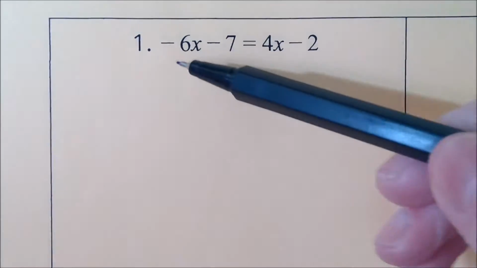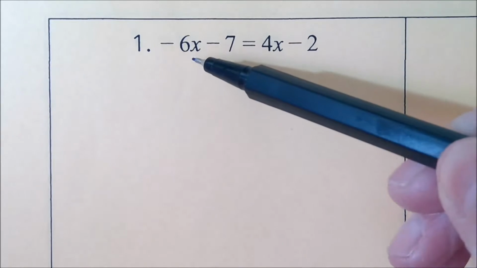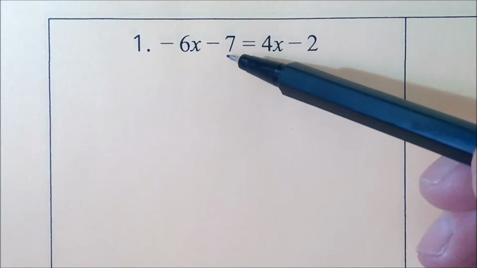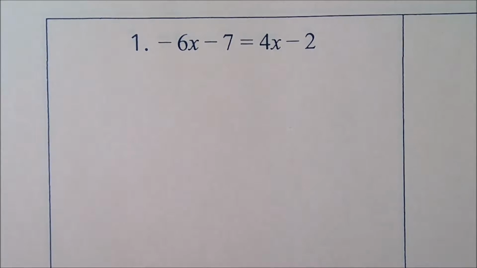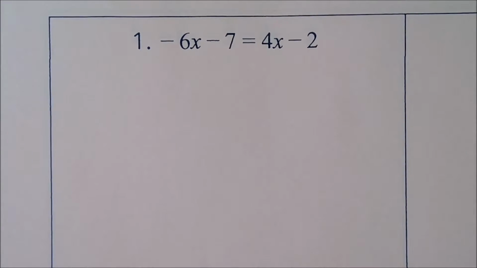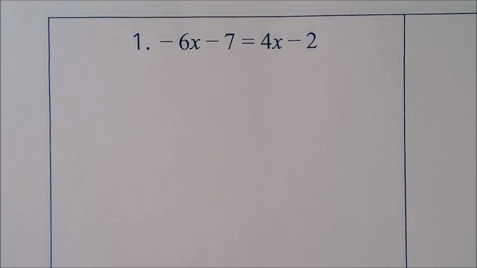So if we look at number 1, I have negative 6x minus 7 equals 4x minus 2. So what I'm going to do, because I like the hangers, and I think a lot of people seem to feel like it makes sense when we see the equation solved on a hanger.